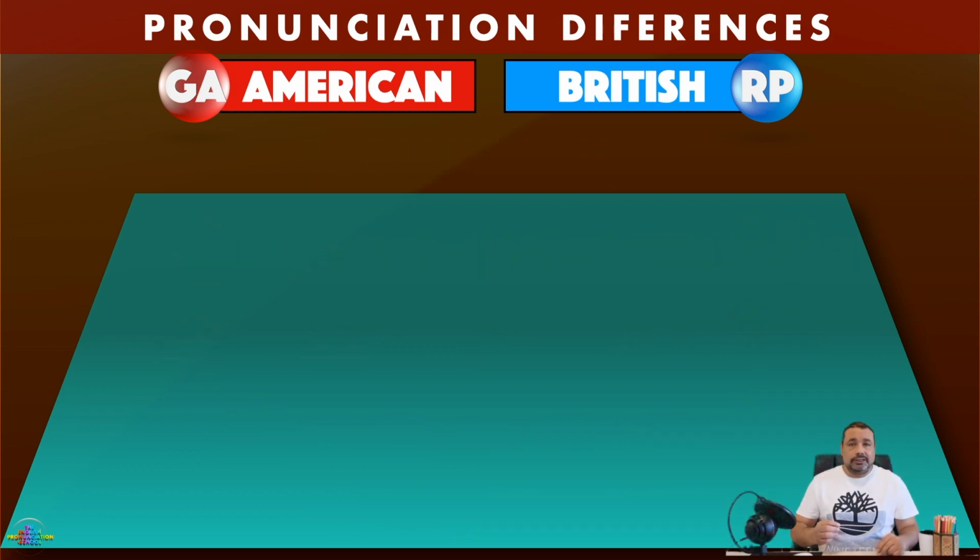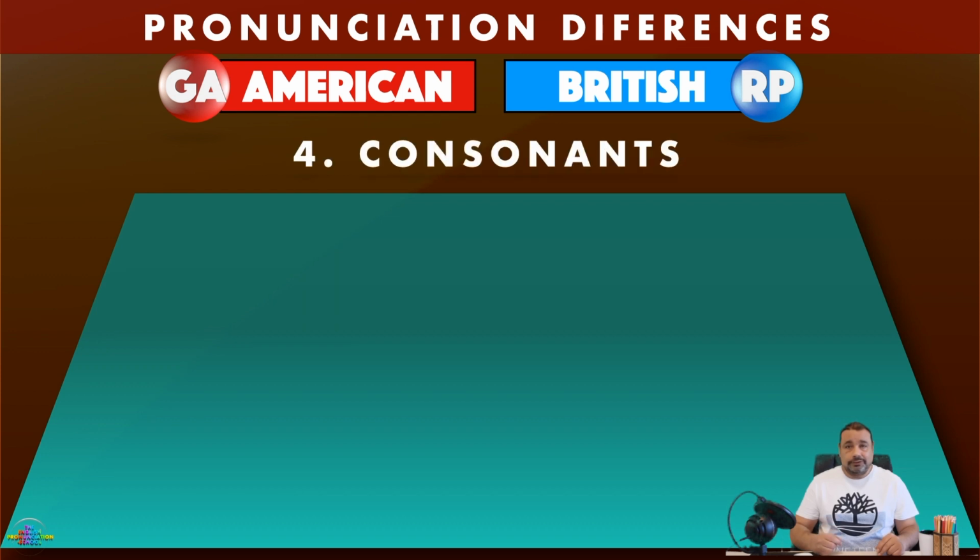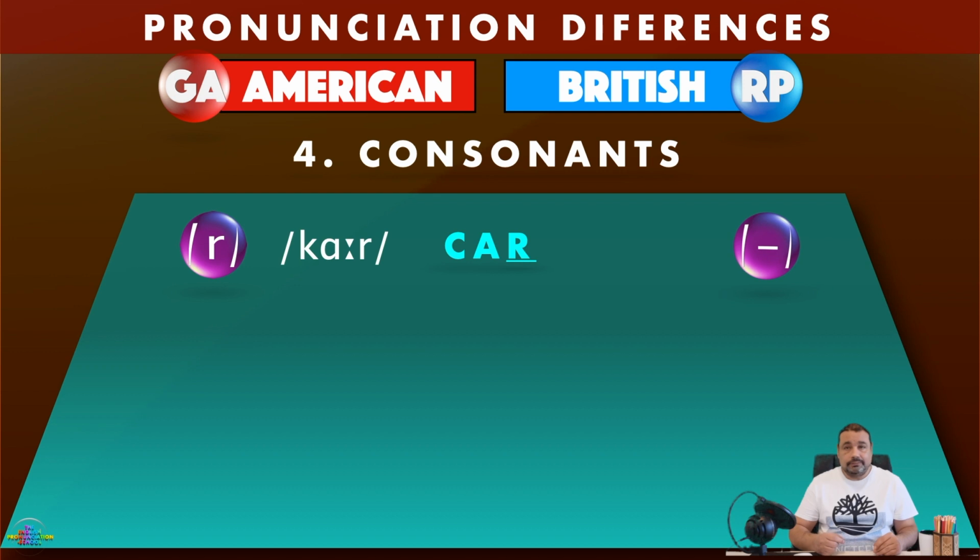Okay, number 4 is the different pronunciation of consonant sounds. These features are said to create the different varieties of English. In this first example, we have what is called rhotic and non-rhotic pronunciations. America is rhotic. That means that they produce the R sound in all positions in a word, like in the word "car."